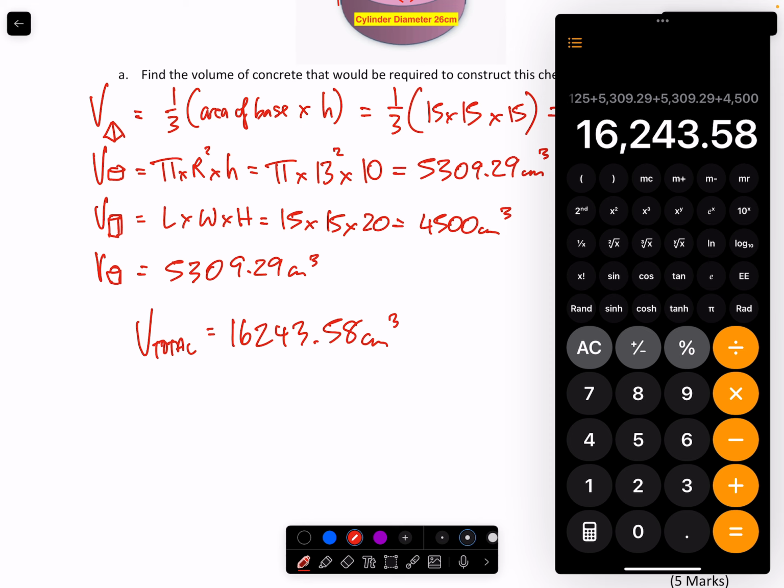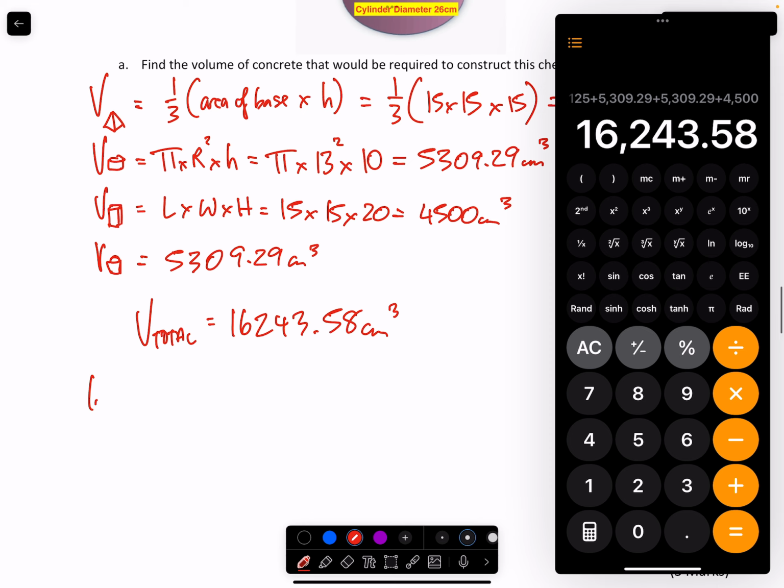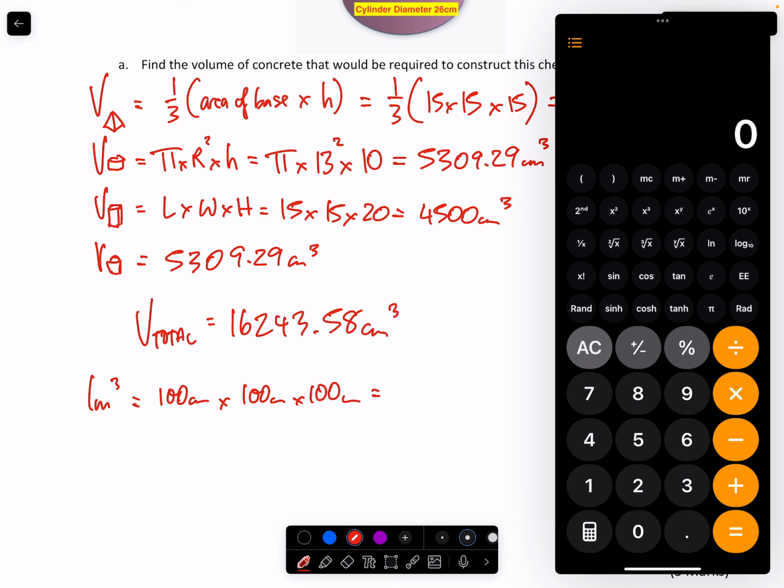So if you don't remember your flow chart, you can always work it out. The conversion rate, 1 cubic meter is 100 centimeters by 100 centimeters by 100 centimeters, because 1 meter is 100 centimeters. So what is 100 times by itself 3 times?